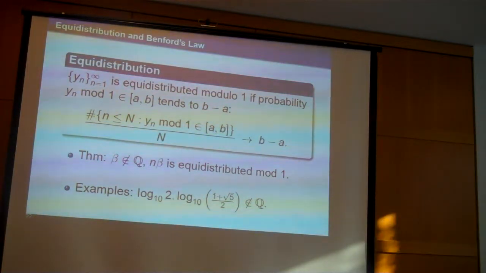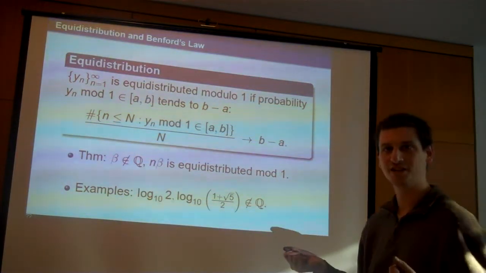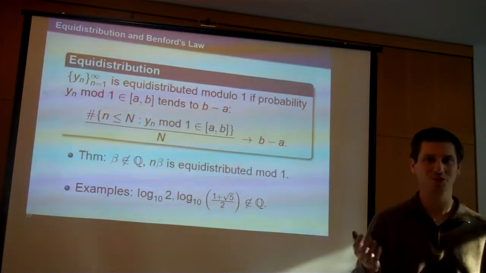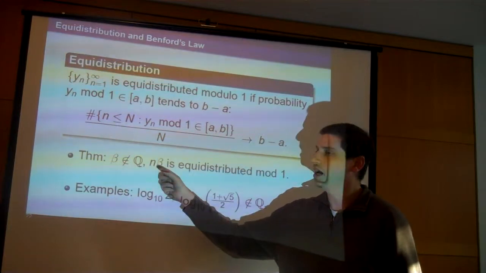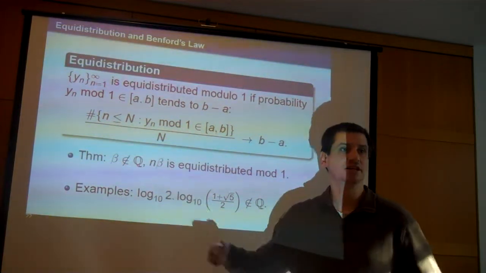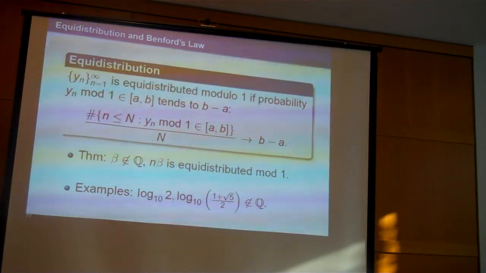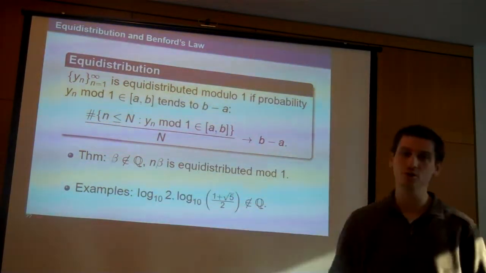So if you teach statistics, you probably talk about the holy book of statistics that tells you if thy sample size is at least 30, thou shalt use the central limit theorem without worry. 30 data points is more than enough, and we can just approximate it. The amount of irrationality of beta tells you how quickly the evenness sets in. And so it turns out certain numbers, the log of the golden mean is irrational. The log of 2 is irrational.